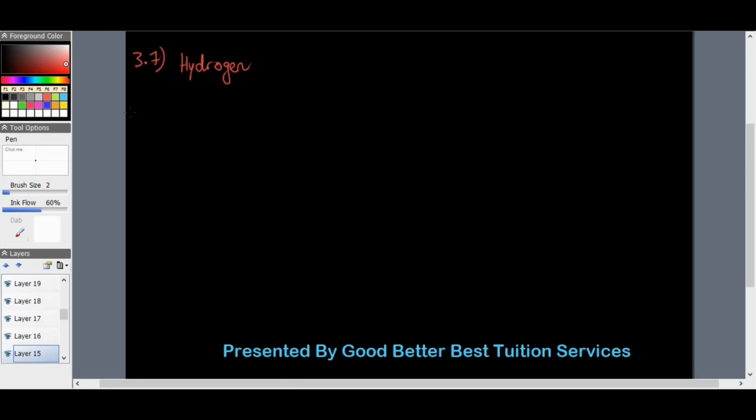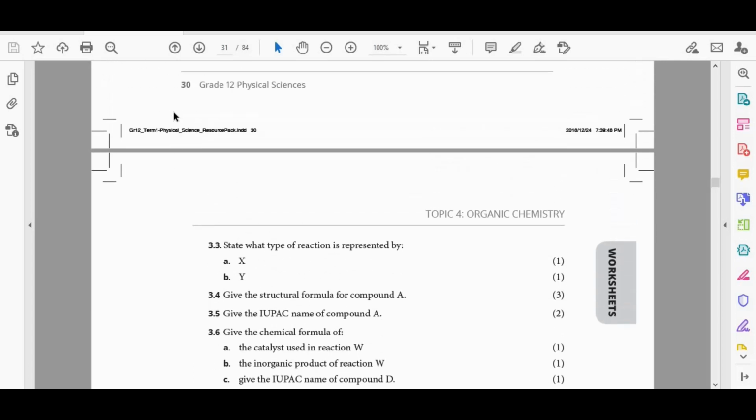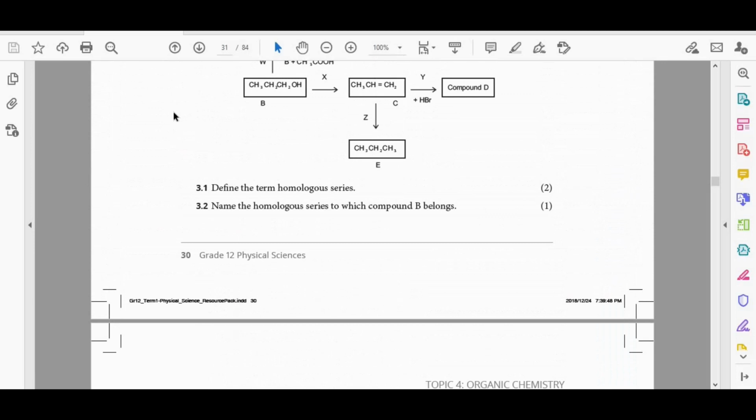3.8. Using molecular formulae, write a balanced chemical equation to show the complete combustion of compound E. Okay, so let me just look at compound E quickly, which is CH3, CH2, CH3.